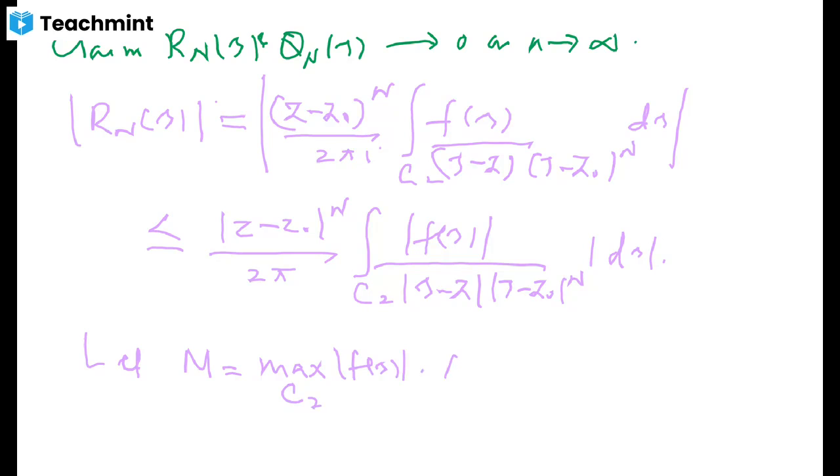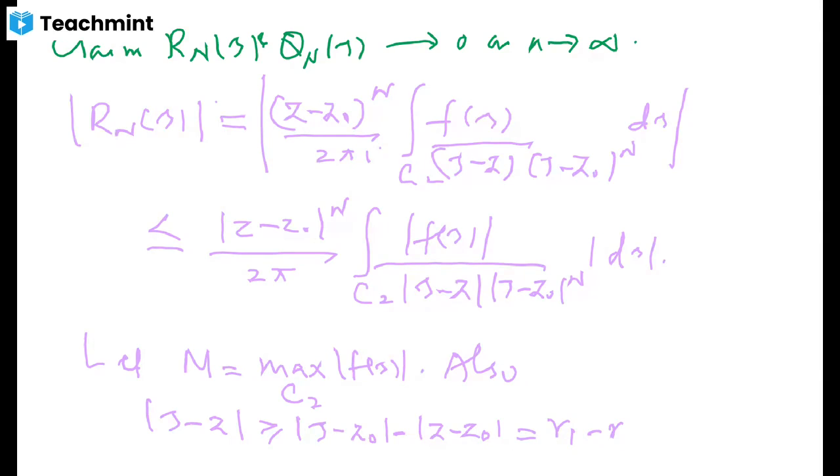And also note that zeta minus z can be written as zeta minus z naught plus z minus z naught. Sorry, this is minus here, by the triangle inequality. And what is this zeta minus z naught? Zeta is coming from the circle C2, the radius of the circle C2 is R1, and the distance of z from z naught is r, and this is always positive, and its reciprocal will be less than or equal to 1 upon R1 minus r.